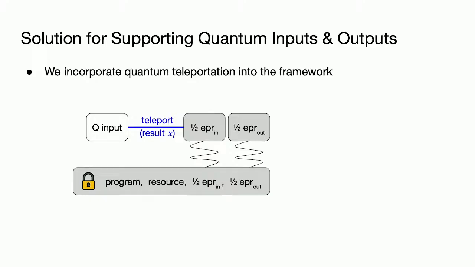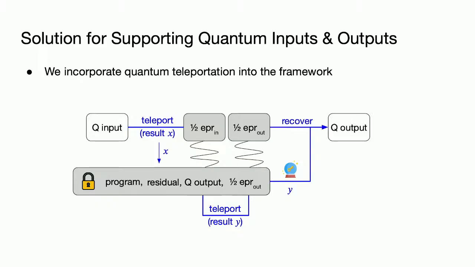And this will result in the classical teleportation result X. The evaluator then uses X to perform homomorphic computation along with homomorphic teleportation of the quantum output. And this would yield a classical teleportation result Y, which is still encrypted. So the evaluator then uses the oracle to read out Y in plain text and uses Y and the other half of EPR to recover the quantum output.